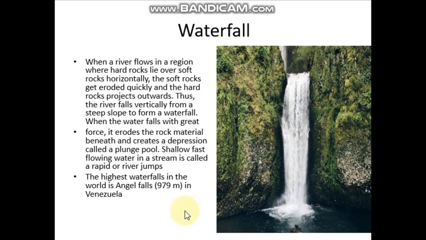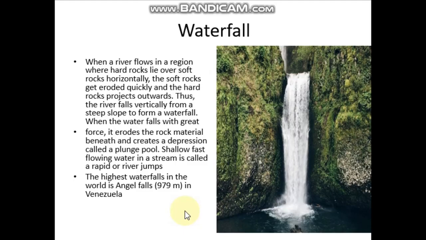So waterfalls. What do you understand about waterfalls? Please listen, students. When a river flows in a region where the hard rocks lie over soft rocks, the soft rock gets eroded quickly, faster than the hard rock.